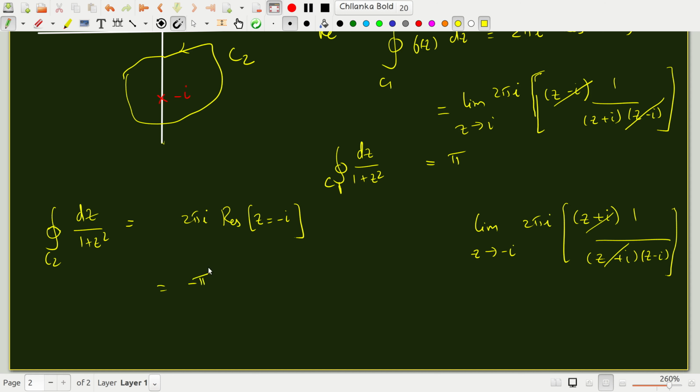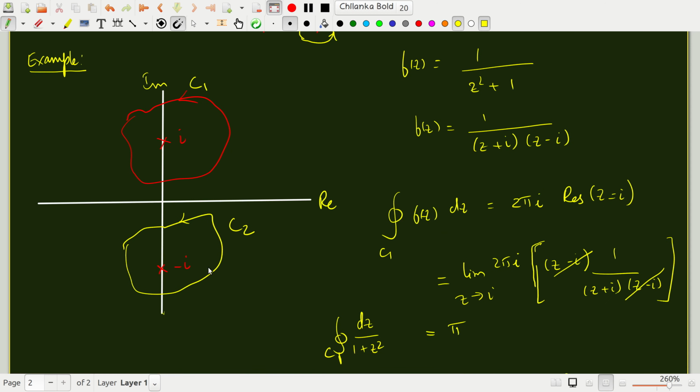Now you may say, why just pick these two contours? Let's pick some other contour. Let me first remove these older contours. Let's say we'll take a new contour that encircles both these poles.